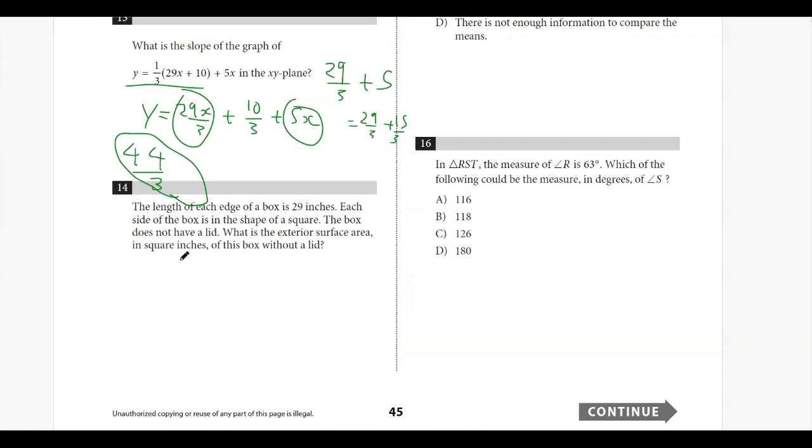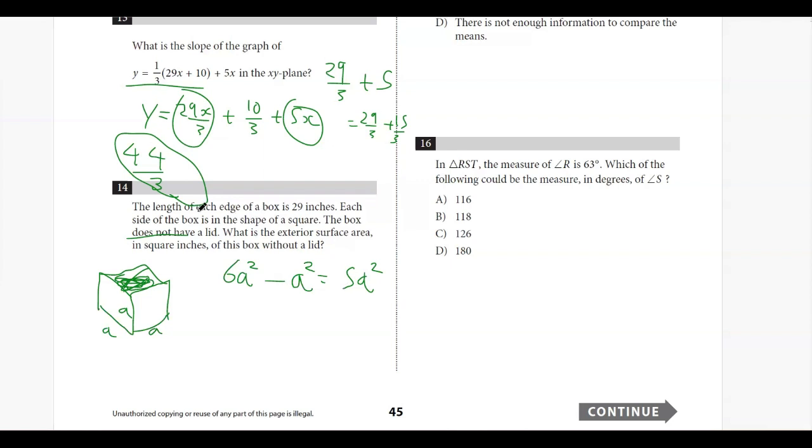So you might have learned that the surface area of a cube is 6a squared, but if you read the problem here, it says the box does not have a lid. So we're assuming that this top is empty. So we have to subtract a squared. So this is 5a squared.